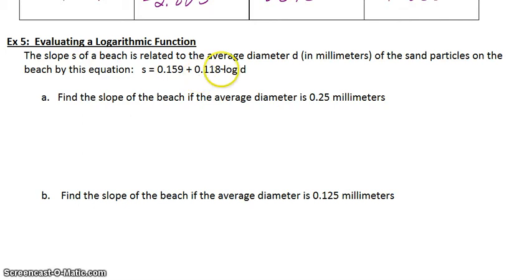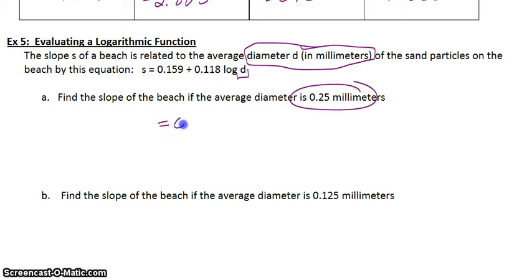Part A, I want to find the slope of the beach if the average diameter is 0.25 millimeters. The way that they gave us the formula is that the variable D is in millimeters. So all I'm doing is straight up typing something into a formula.